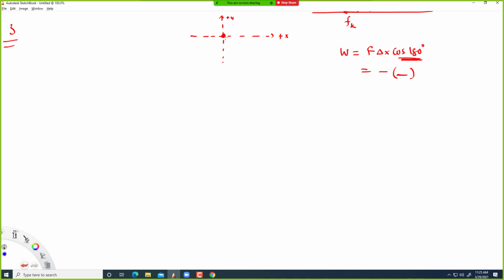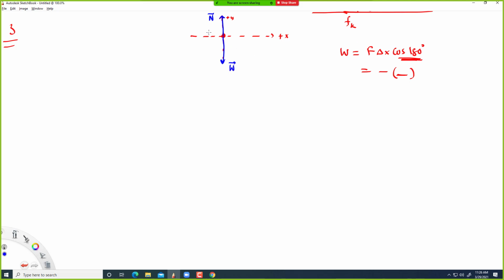So there is weight of the box vertically down. There is normal force pointing vertically up, and the arrows should be equal because the box is not moving up or down, or there is no acceleration up or down. So these arrows need to be the same. It's in equilibrium in the y direction. Although my arrows do not look the same, they need to be the same length.